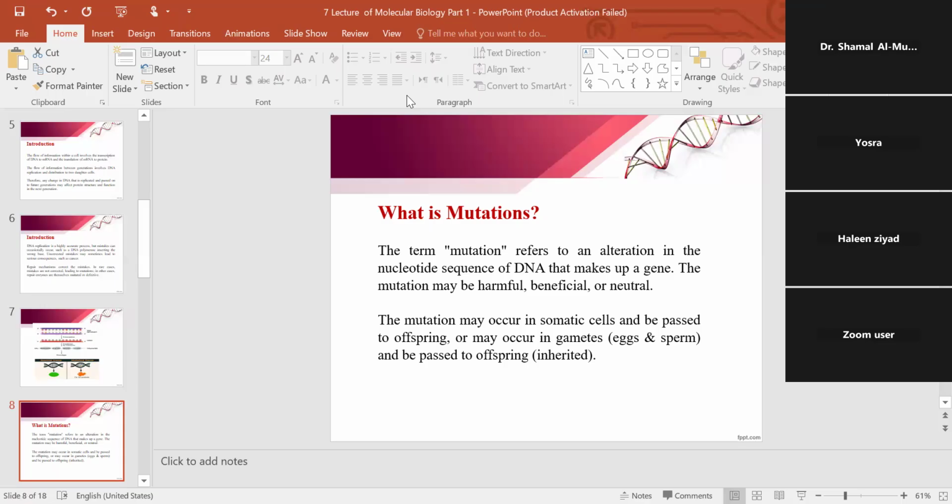The mutation may occur in somatic cells, as I told you before, or in the sex cells. Here in somatic cells and be passed to offspring. Offspring here means the next generation. Or it may occur in gametes.